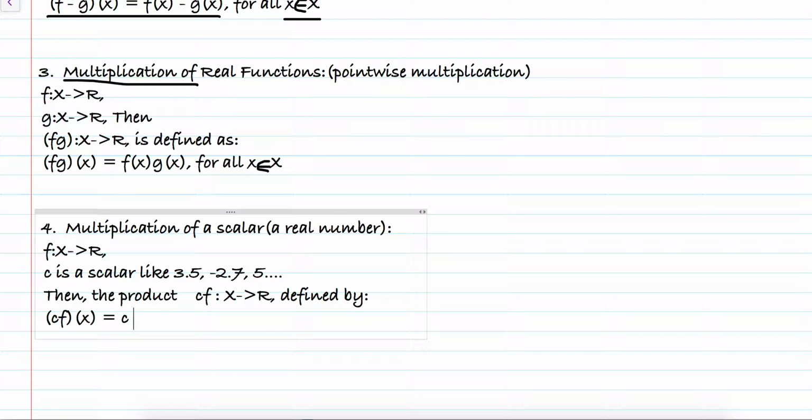This is simply c times the result that we get with f(x) for x belonging to capital X.